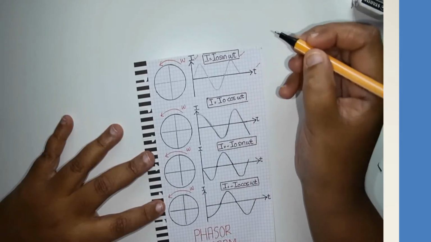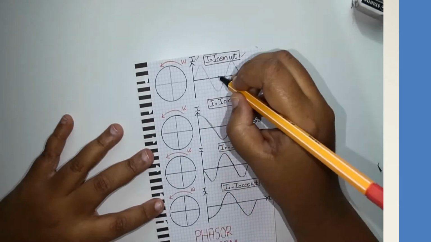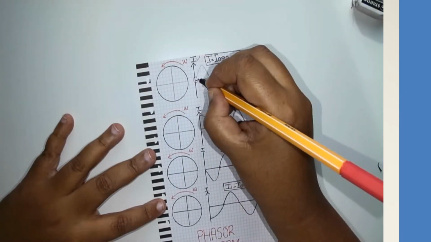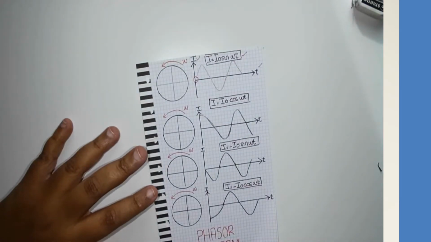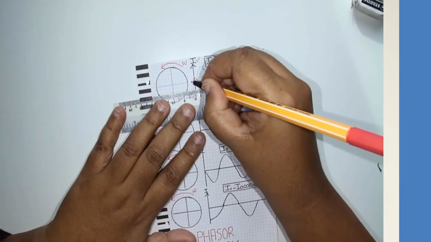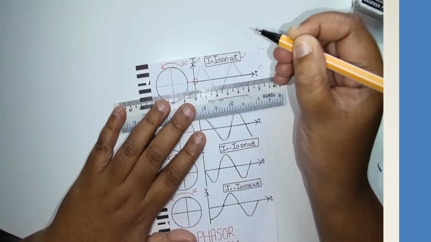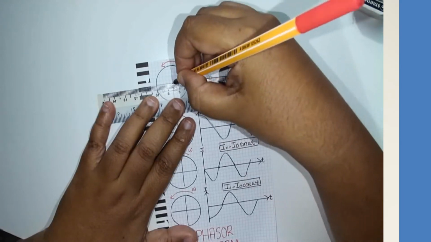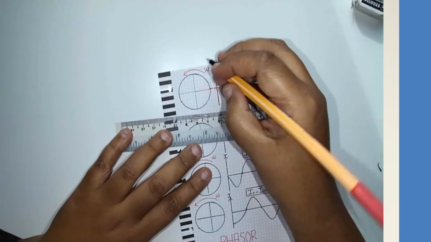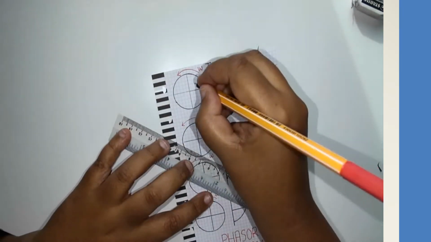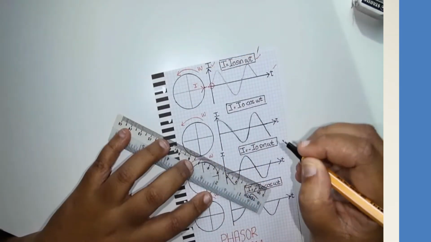If I want to draw the phasor for this function waveform, I look at the initial position, and then I connect it. It will come in this direction inside the phasor diagram, so I draw a phasor in this direction.